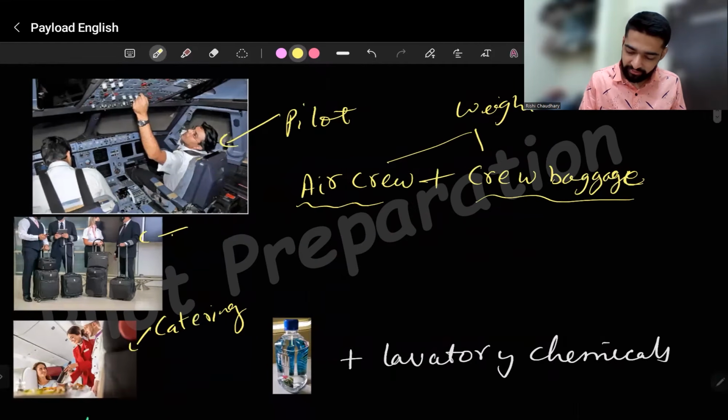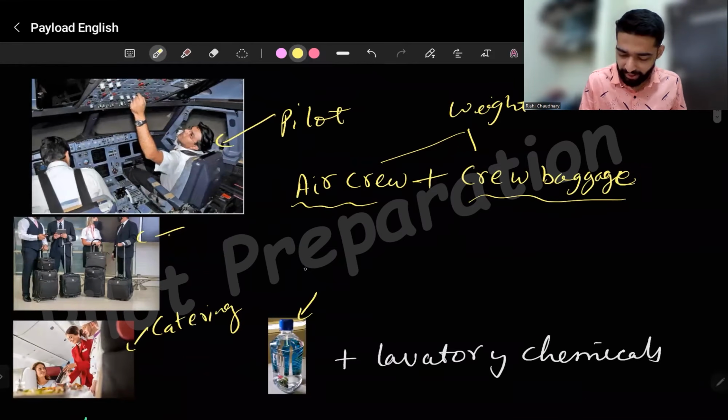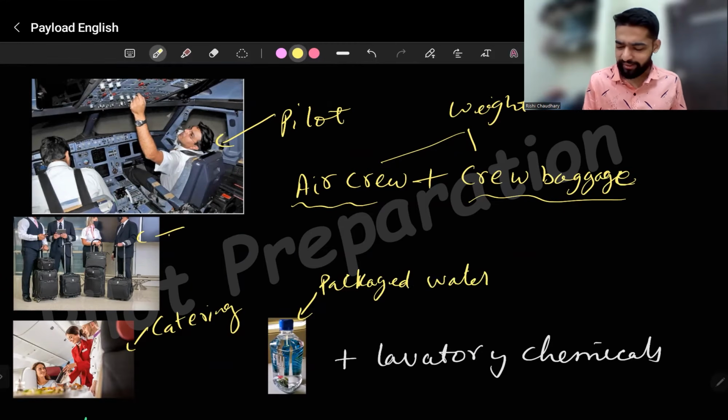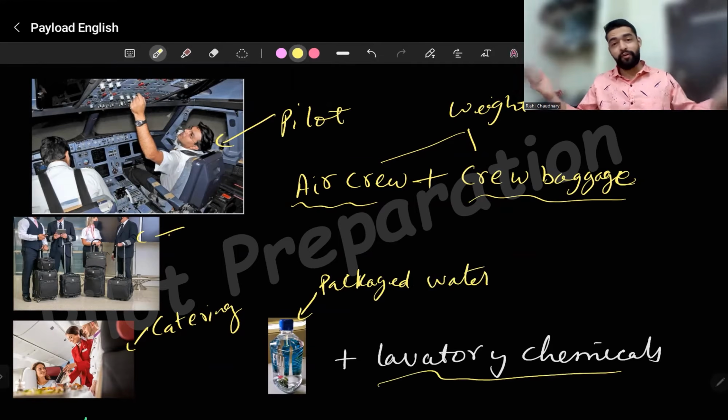And I also need some bottled water, so packaged water. Also, I need some lavatory chemicals if I want to go to the toilet. So I need to have that as well for sanitation, isn't it? So these are the things I need.